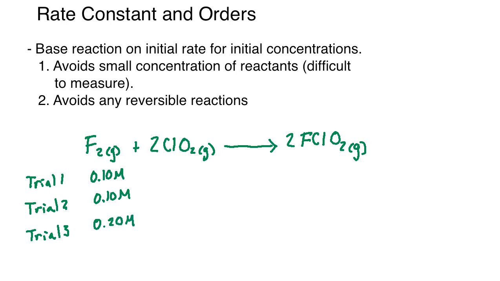Right? So then, if we come over here, we've got the chlorine dioxide. With the chlorine dioxide, we're going to do the following. We will use a 0.01 molarity in Trial 1. In Trial 2, because we're holding the fluorine constant for the first 2 trials, we're going to manipulate the chlorine dioxide here.